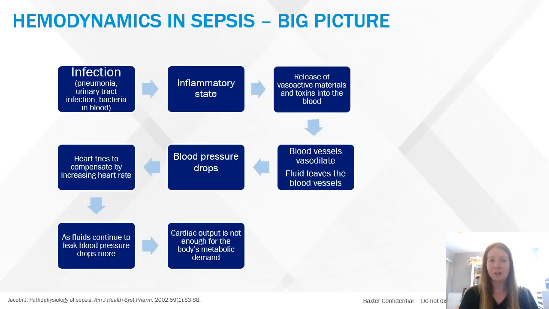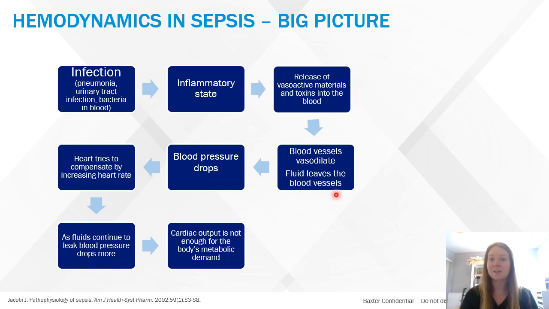So just to look at the big picture when it comes to hemodynamics and sepsis, because I know we went on a macro, micro, organ level, cellular level. Now we're just going to look superficially and see, hey, there's an infection. Whether it's in the blood, my lungs, or my kidneys, I have some sort of inflammatory state, which releases these vasoactive materials and toxins into my blood.